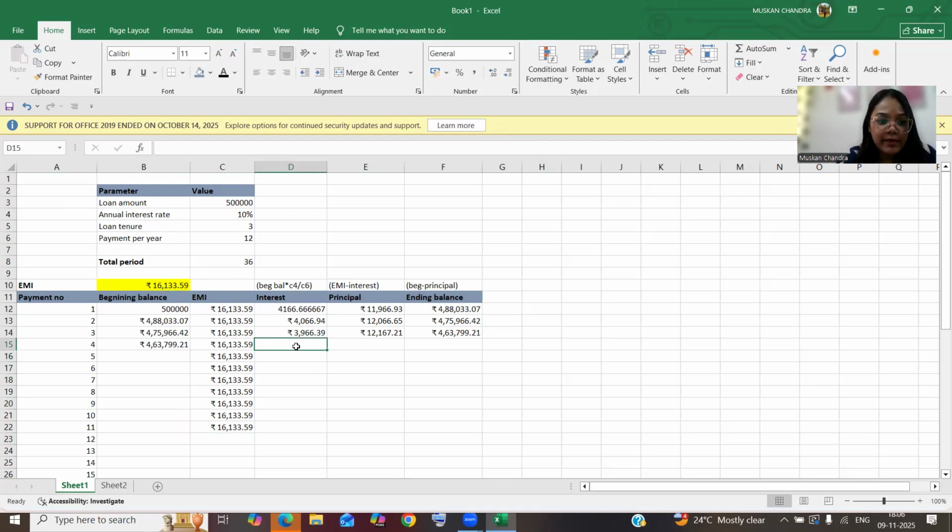Here the interest is beginning balance into C4 divided by C6.